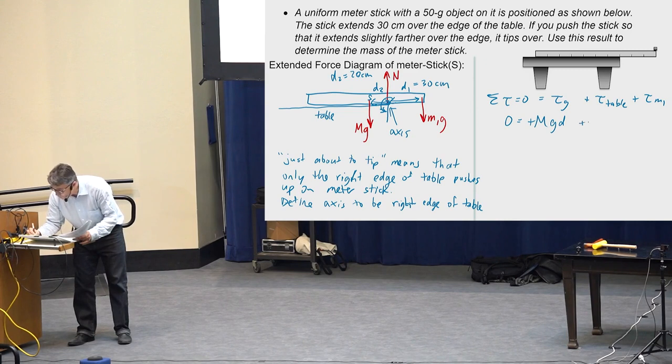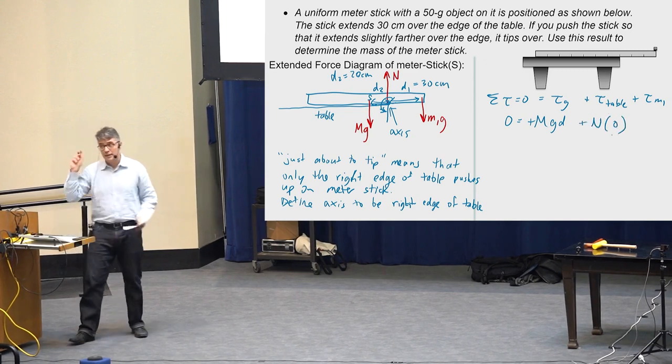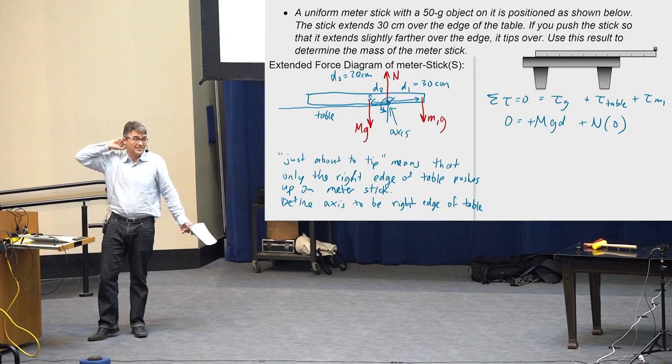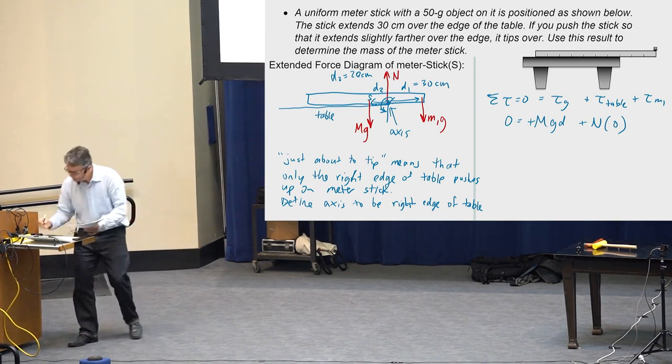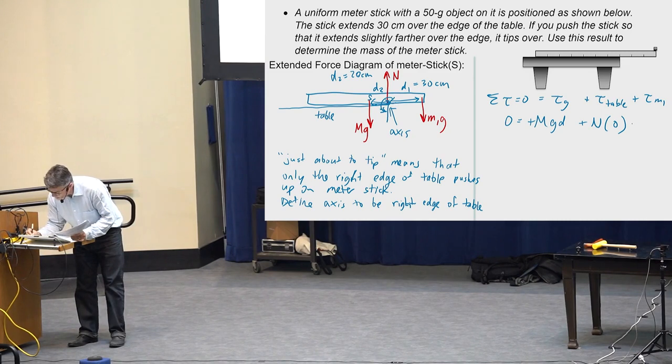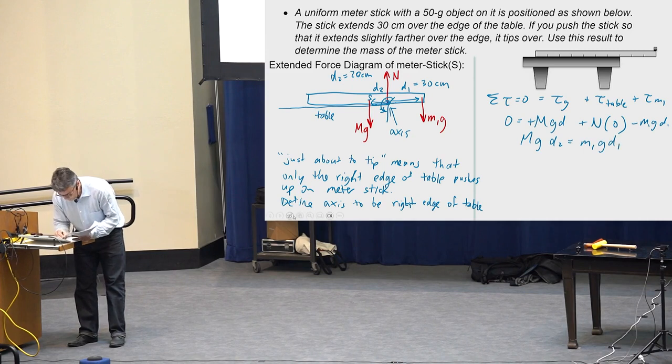Then plus the normal force times 0. That's the answer to the student's question: I've just defined the rotation axis to be where I think the table's pushing up on it. And then minus M1 times G times D1. So you get M times G times D2 equals M1 times G times D1.